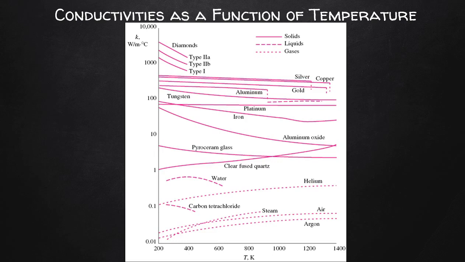It's really insignificant, and therefore we would often consider treating conductivities for solids in this case as constant, because we don't often have very large temperature differences, even in chemical engineering practice.